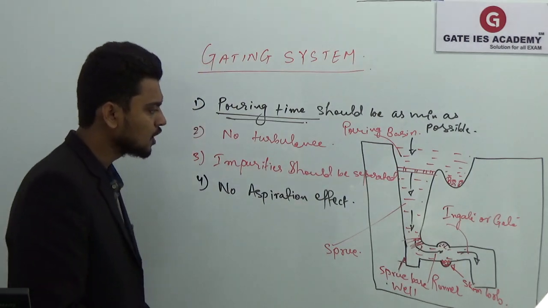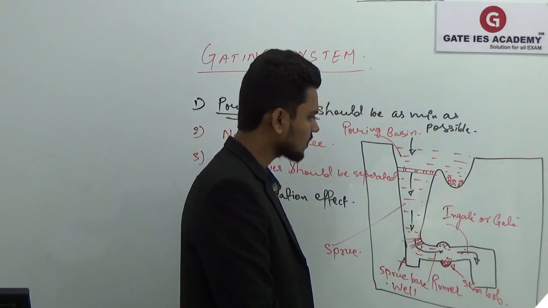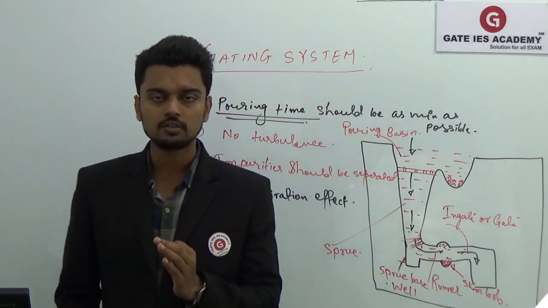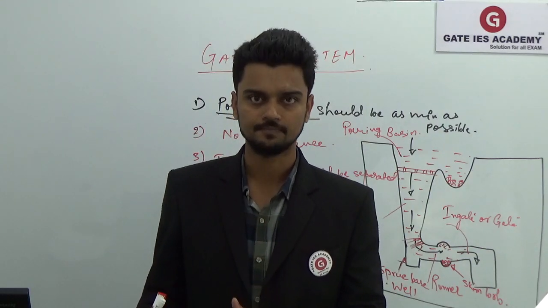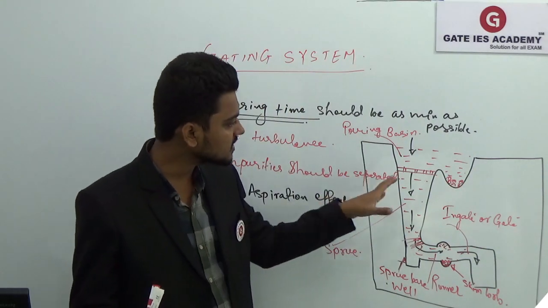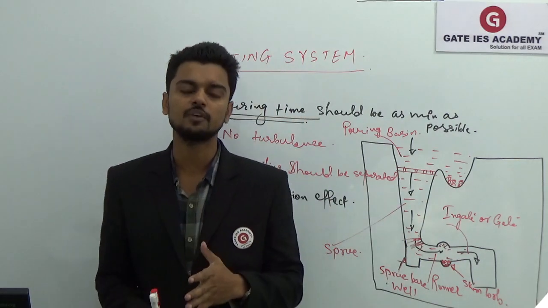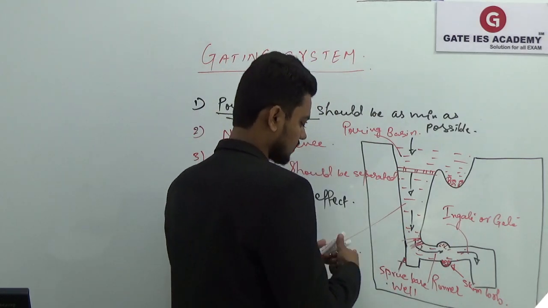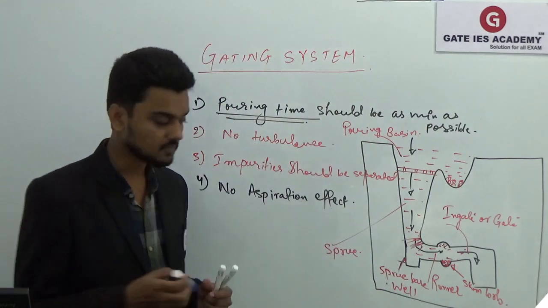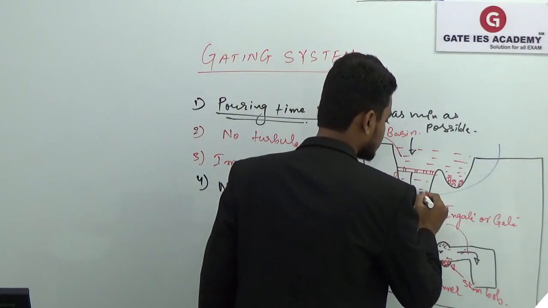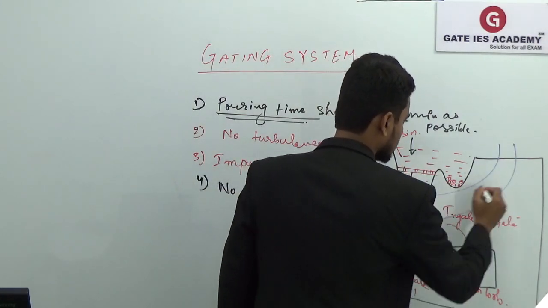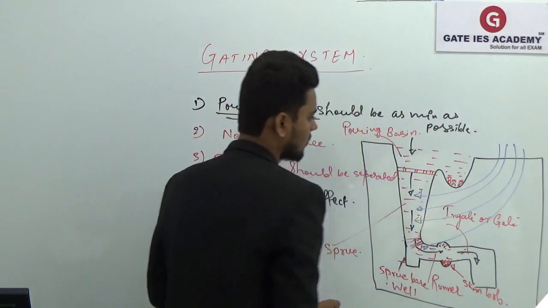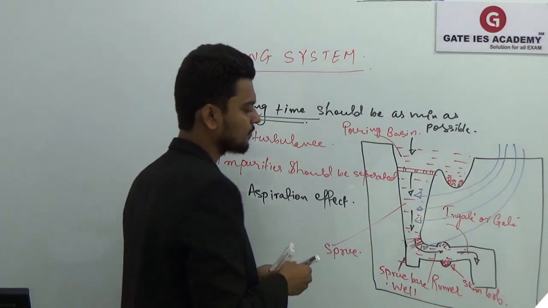What does that mean? No aspiration effect means the pressure inside your gating system should not fall below the atmospheric pressure. Why? Because if the pressure inside your gating system is below atmospheric pressure, the air from the outside will start flowing into your gating system. Why?